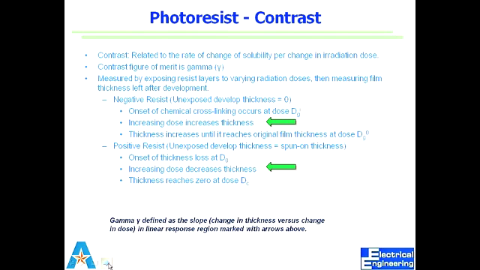Hard. Becomes insoluble, right? Because development is not an etching process, it's a dissolution process, a reaction which results in removal. So in both cases, the sidewall that we get of the pattern is different. We can get much straighter sidewalls for positive resist than negative resist. And gamma is what defines that.